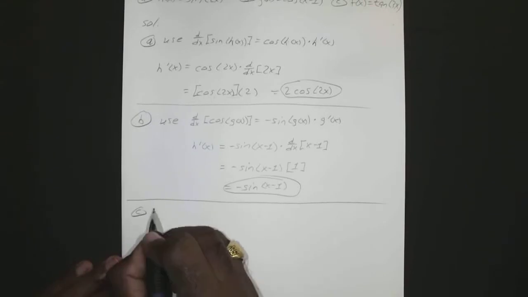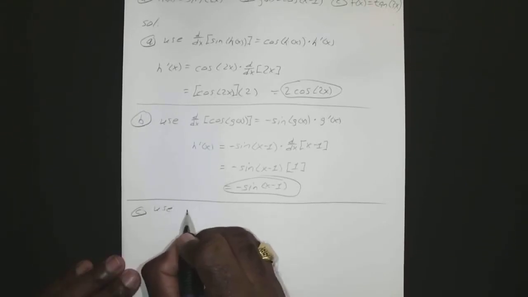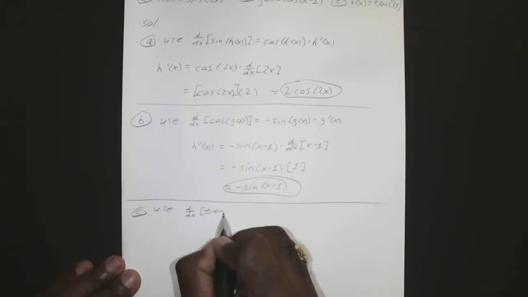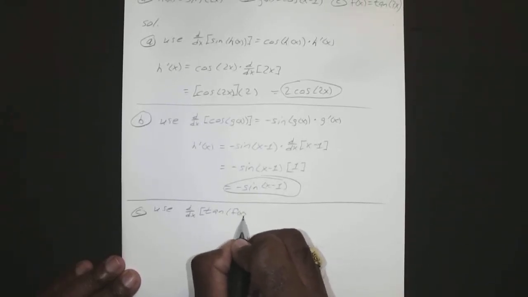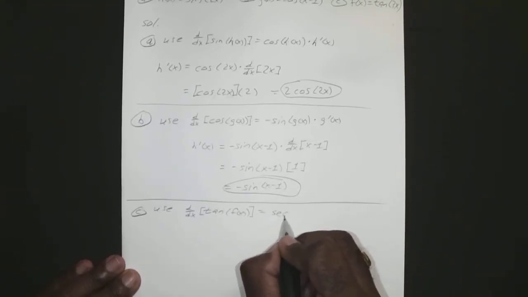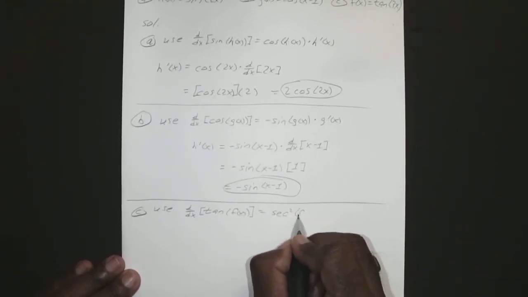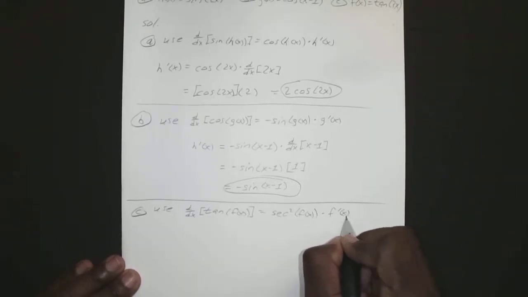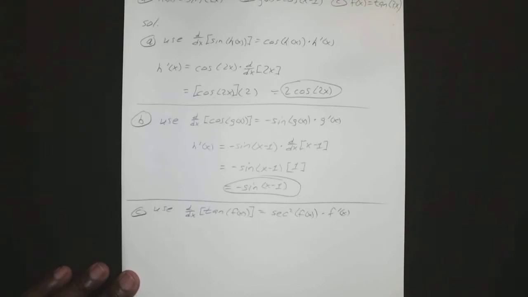And for C, of course, we're going to use the derivative of tangent of f of x equals secant squared of f of x times the derivative of what's inside.